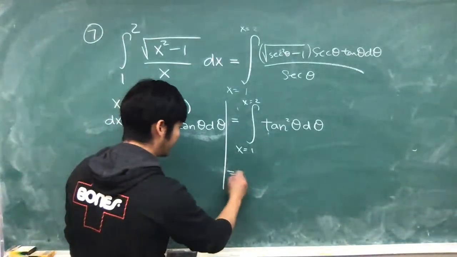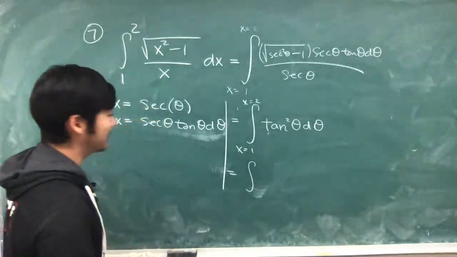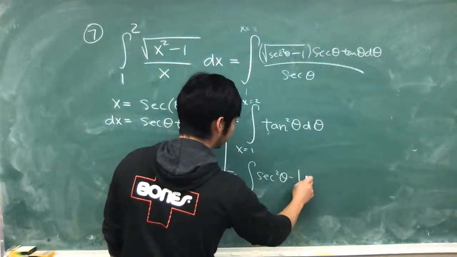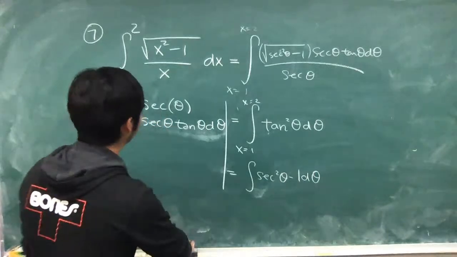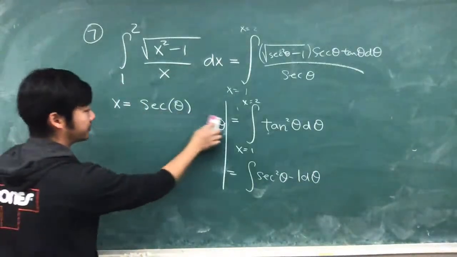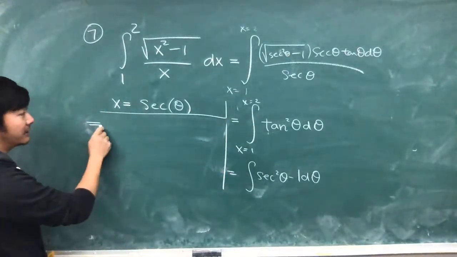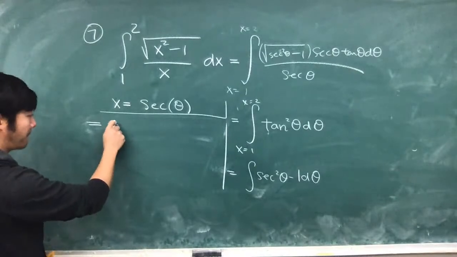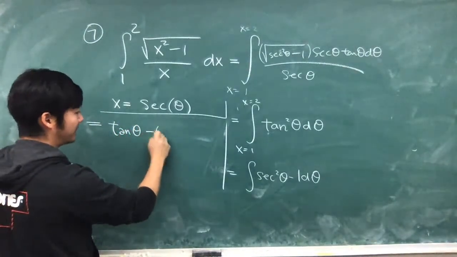Well, that's not that easy unless you convert it into secant squared minus 1. So the antiderivative of that is going to be tangent minus theta.